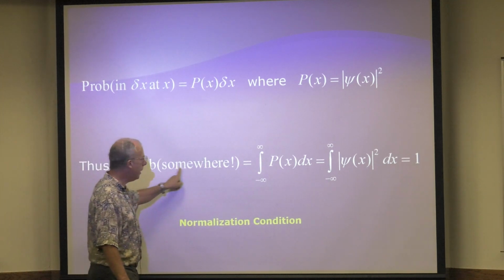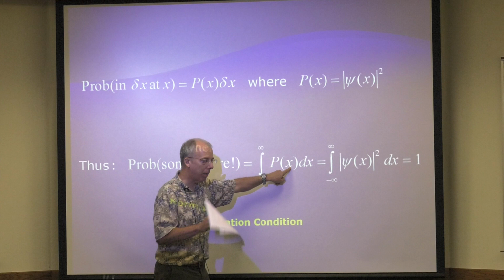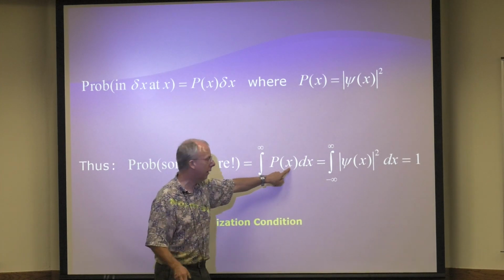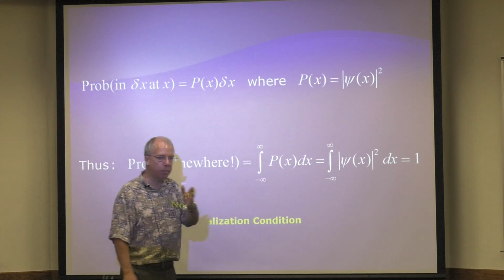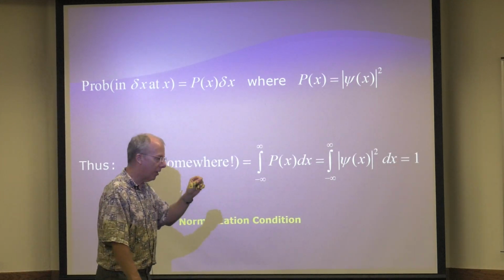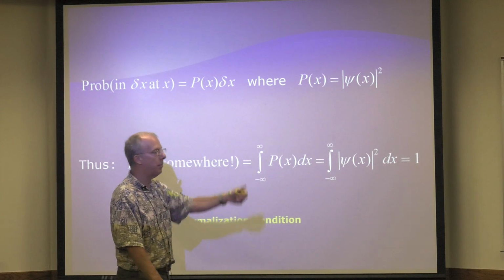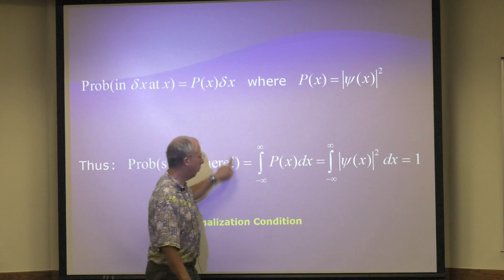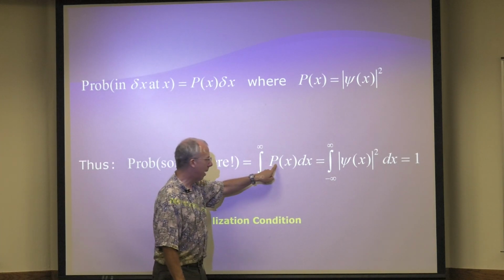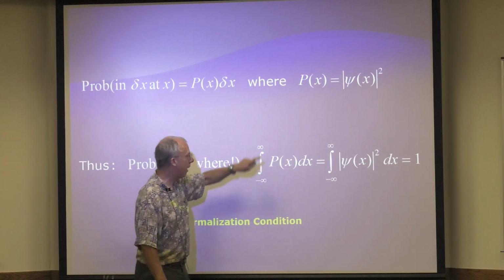The probability equals the probability density, which is a probability per length, times the length. We're going to sum all those probabilities up, the p(x) times the delta x, from negative infinity to positive infinity. So that's what this means: we're summing up the probabilities times the width from negative infinity to positive infinity.